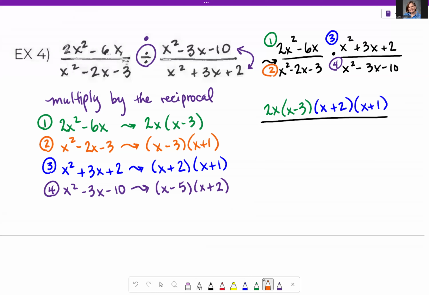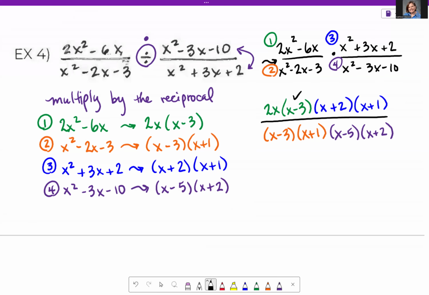My denominator, when it's factored, looks like x minus 3 times x plus 1 times x minus 5 times x plus 2. And I rewrite this matching up factors in the numerator and the denominator so that I can make as many ones as possible and reduce the fraction.